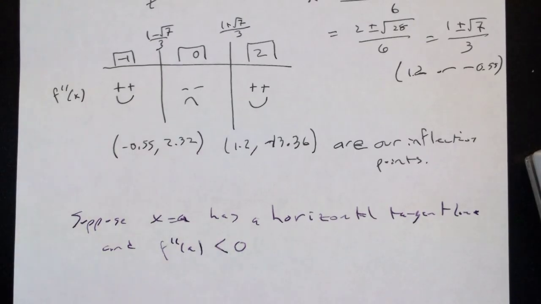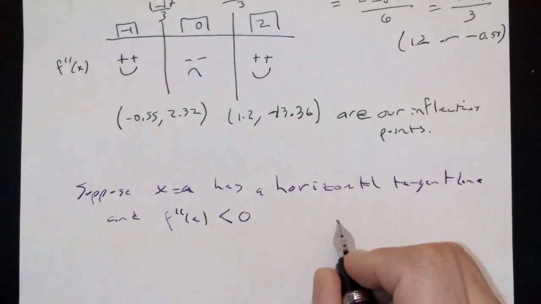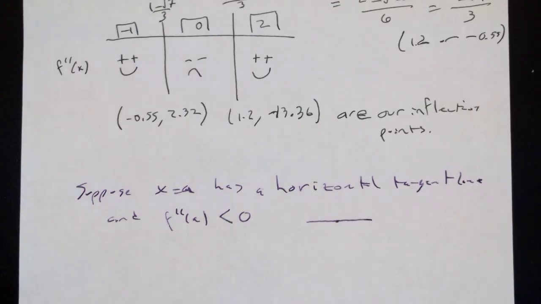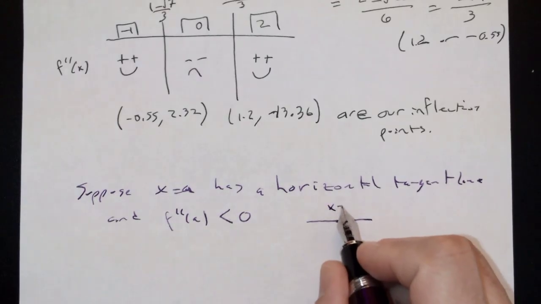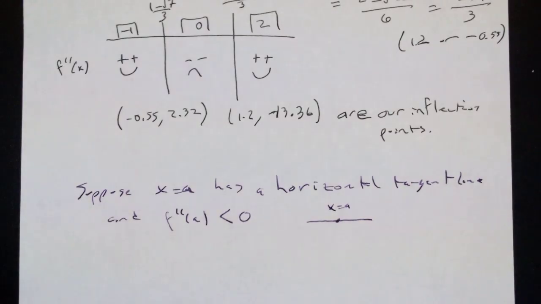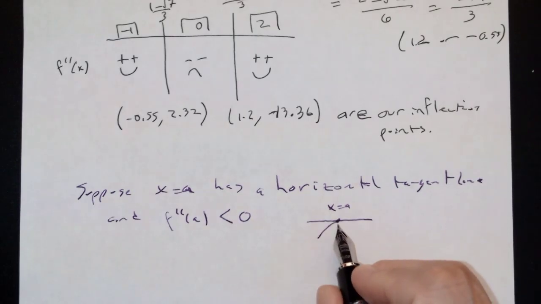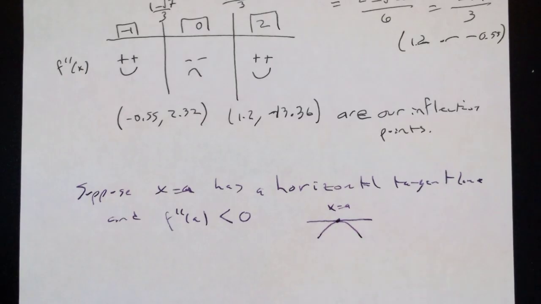If my second derivative is negative, I'm concave down. So I have a point with a horizontal tangent line. Here's our point where x equals A, right here. If my second derivative is negative, I'm concave down. Means the graph must be under that tangent line.